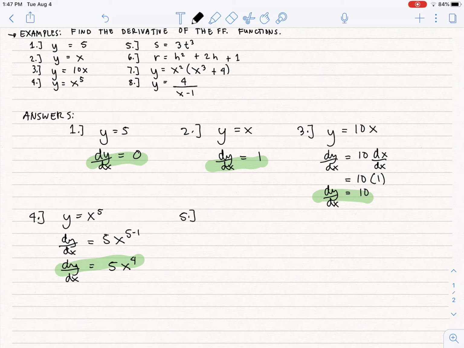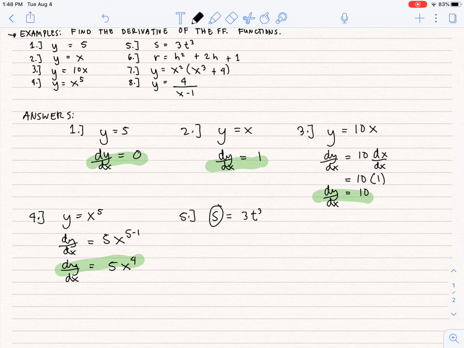Number 5 is s is equal to 3t cubed. So in this example, we are not using x and y variables, but instead we are using t and s. So therefore, we cannot say that the derivative of that is dy over dx because there is no dy over dx, there is no y of x here. We are only dealing with s and t.